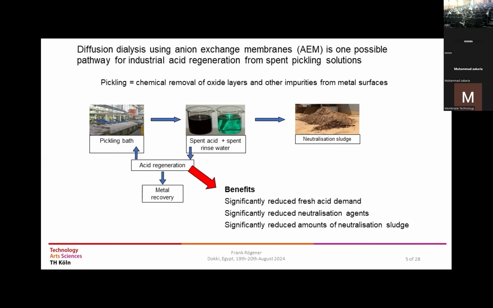So the benefits of this procedure: we don't require a huge amount of new acid, since it is brought back to the process. We reduce the amount of acidic wastewaters that need to be treated. And because of the big reduction, also the amount of chemical agents used for the precipitation can be drastically reduced.